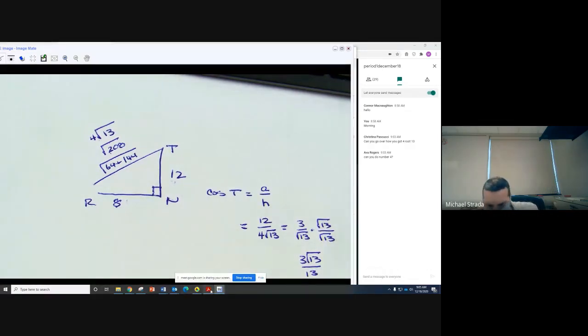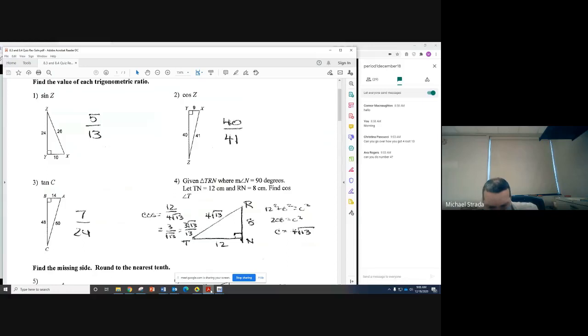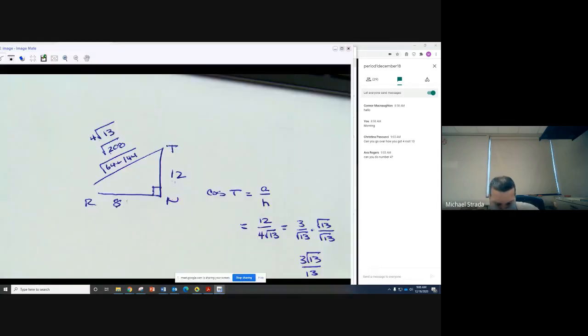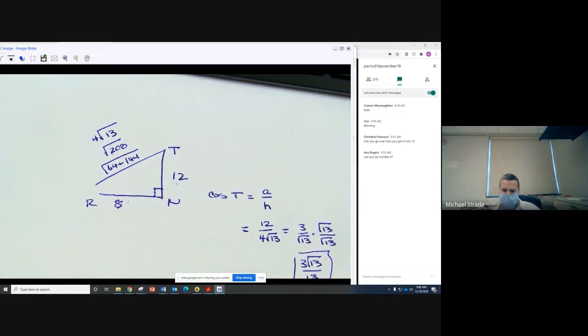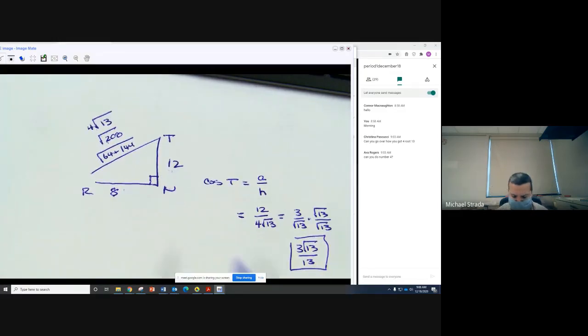Yes, 3 root 13 over 13. Boom, that's my final answer. So you will have one like that where you need to find the third side and rationalize the denominator.